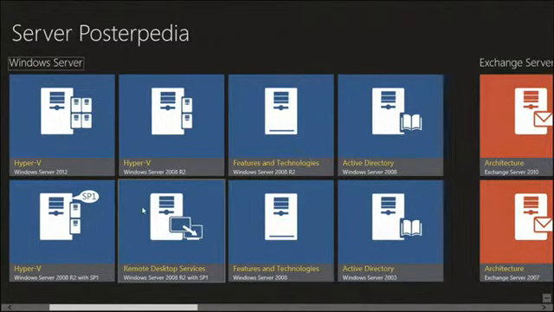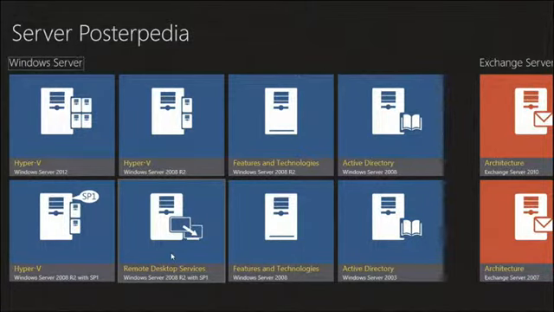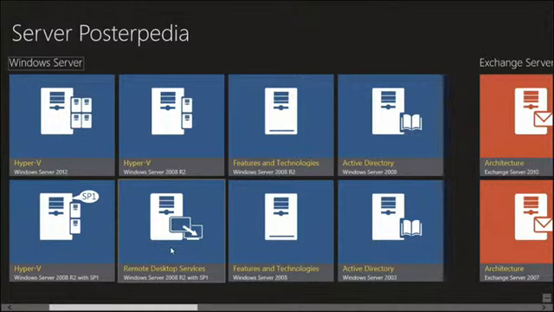And why I'm bringing this up is let's go into Remote Desktop Services here. Here's Remote Desktop Services, but there's also Hyper-V, 2012, 2008 R2 with SP1, features and technologies for Windows Server, Active Directory. So there's a lot of different technologies that are represented here.